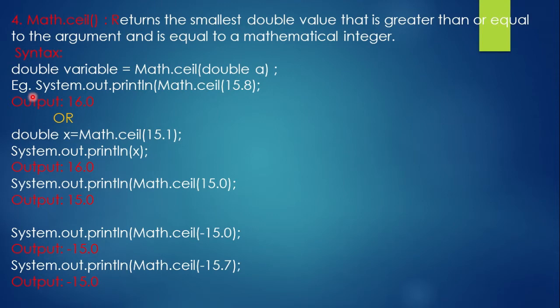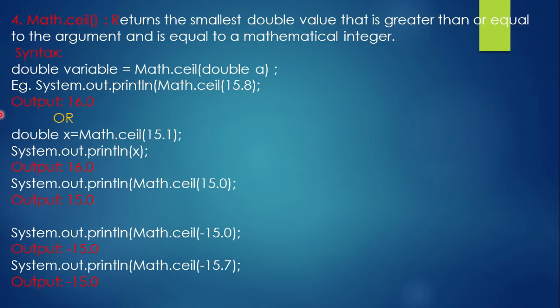Let us see the fourth function, that is math.ceil. See the definition, very important: returns the smallest double value that is greater than or equal to the argument. So now you will have a lot of confusion. No need of any confusion.